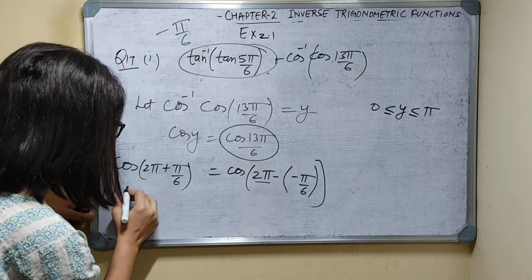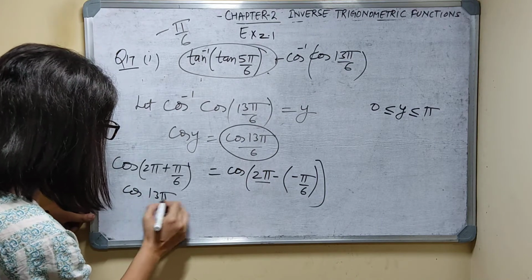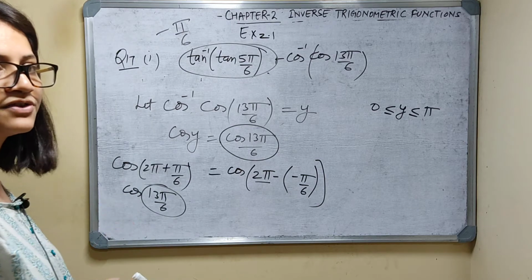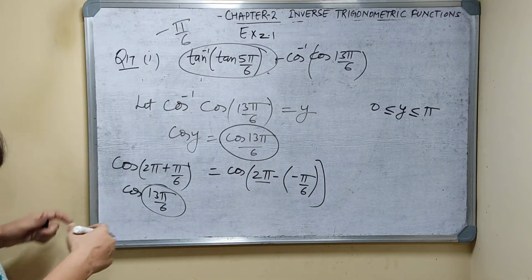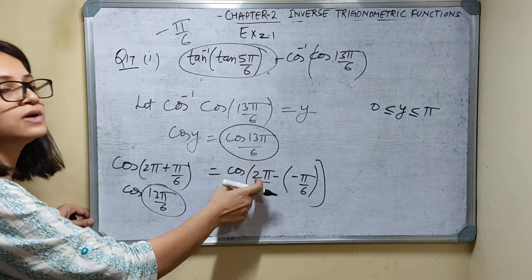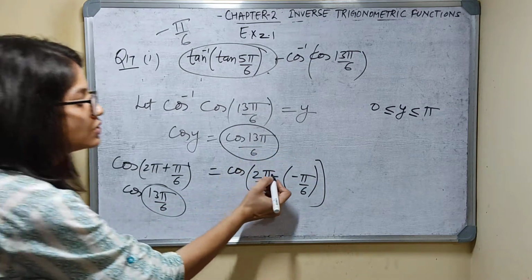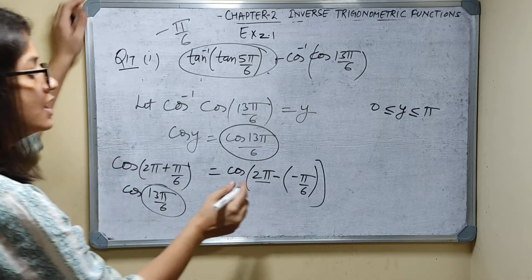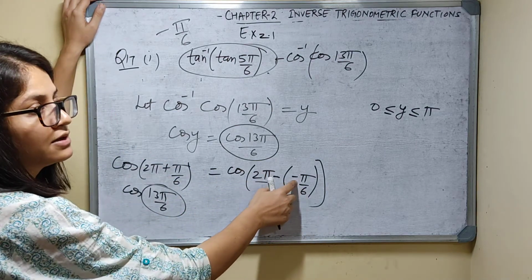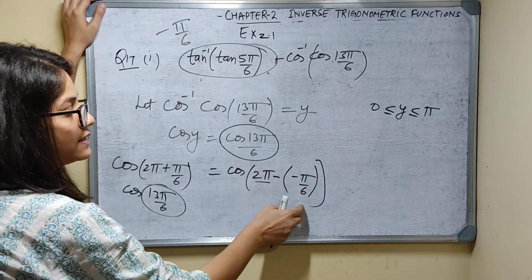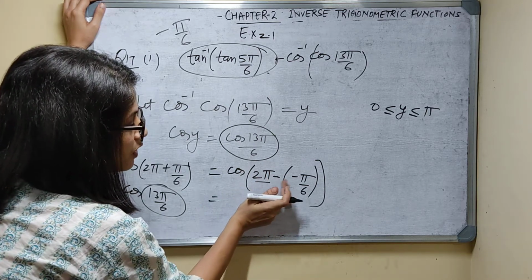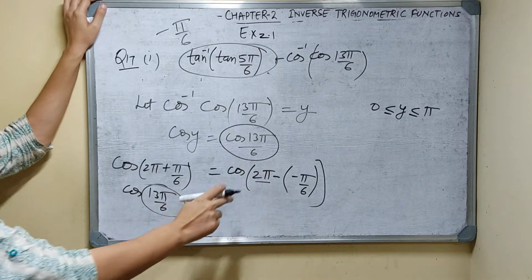So you will get cos of 13 pi by 6 again. It's a larger value. I don't want this larger value. I want a negative value. So I am writing cos 360 minus theta, which will be cos theta only in the fourth quadrant. So 2 pi minus theta, minus minus is plus, so you will get 13 pi by 6 only.